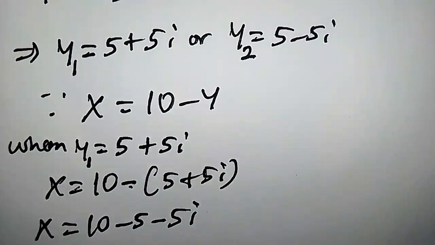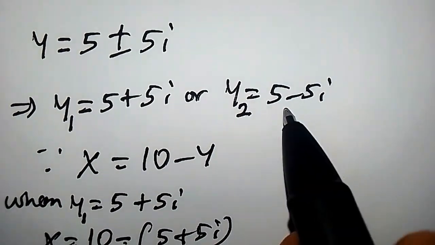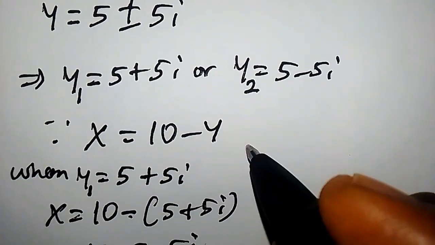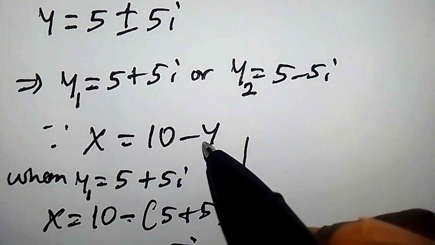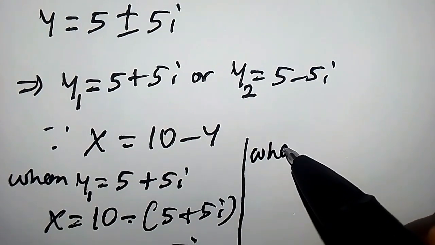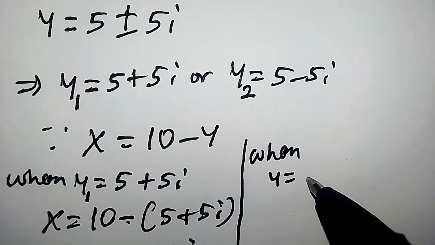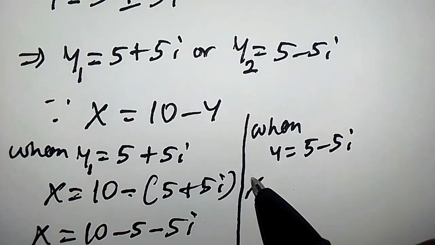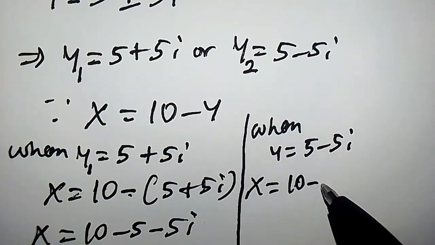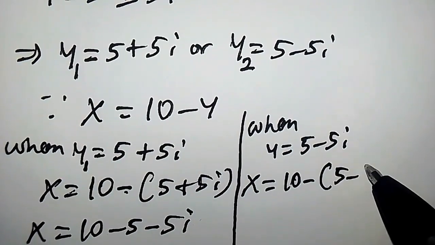Now, let us consider y2. We just have to plug in this value of y here. So when y is equal to 5 minus 5i, this equation now becomes x equal to 10 minus (5 minus 5i).